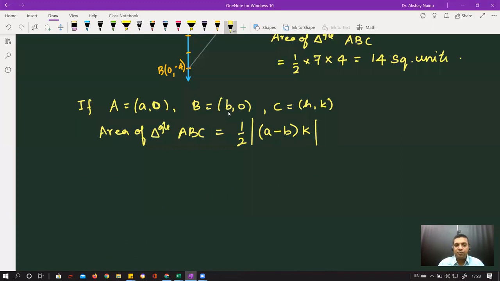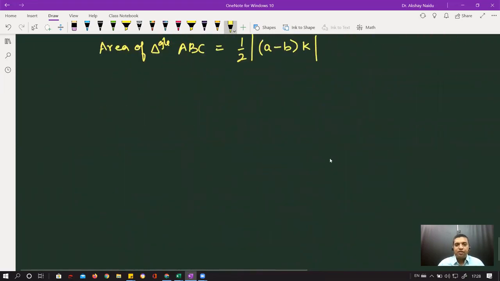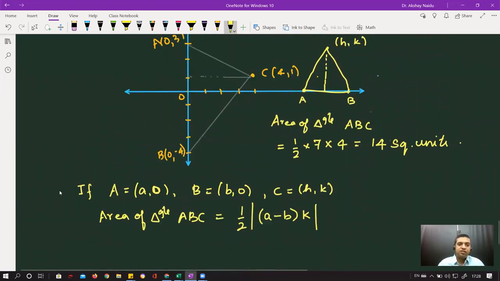Modulus of a minus b or b minus a is the same. And height is the y coordinate. So if A is a comma 0, B is 0 comma b, C is h comma k, directly the area of the triangle is half a minus b times k. When you take modulus, it takes care of the signs.